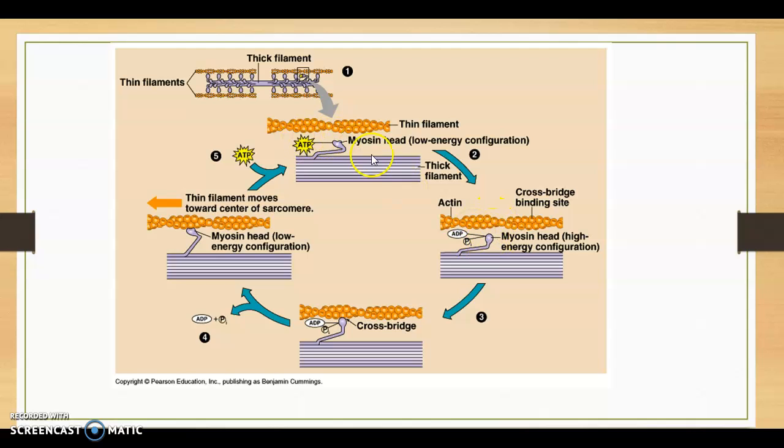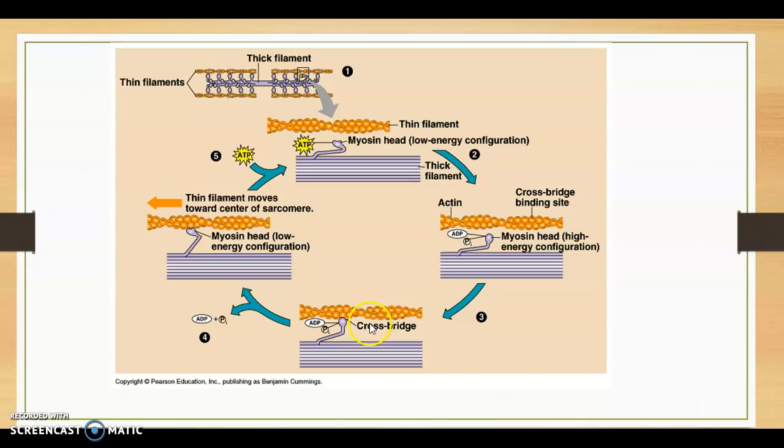So we just used ATP. The ATP is going to join here. ATP is hydrolyzed, so we get some energy, and then it becomes ADP and phosphate, ADP plus P. Now it has high energy here, okay? See how it's kind of in a cocked position?